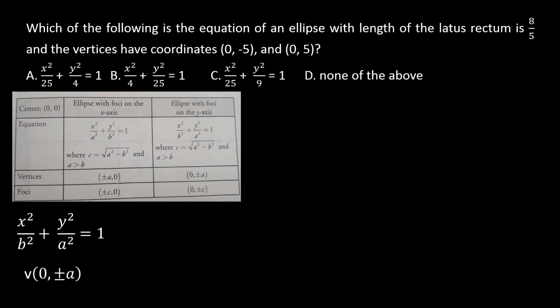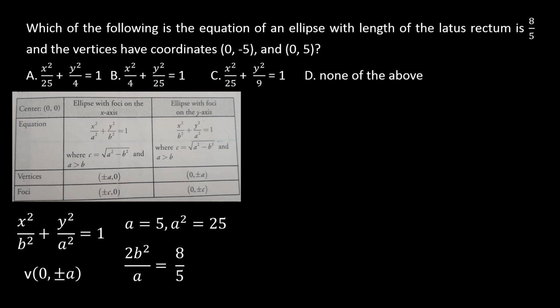With vertex at point (0, plus or minus a), and because we have the given coordinates for this vertex, a is equal to 5, then a squared is equal to 25. Remember also that we have the length of the latus rectum. The formula is 2b squared over a equal to 8 over 5.